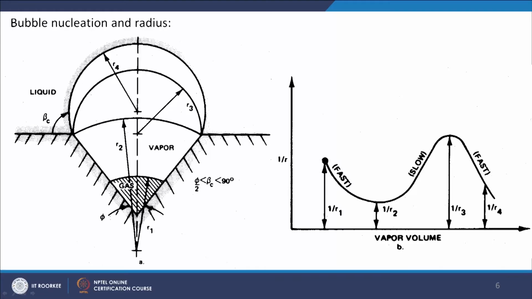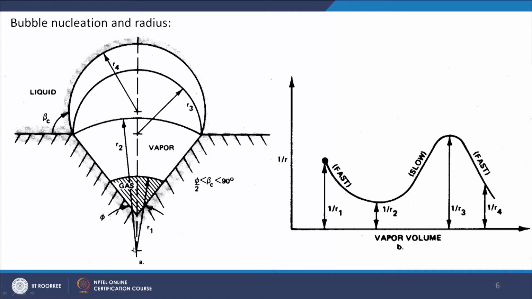At the beginning, whenever a bubble is forming, the lowest position of the nucleation site acts as the centroid of the vapor. If at the beginning this is the gas liquid interface, its centroid is somewhere over here, and this arc is somewhere over here.